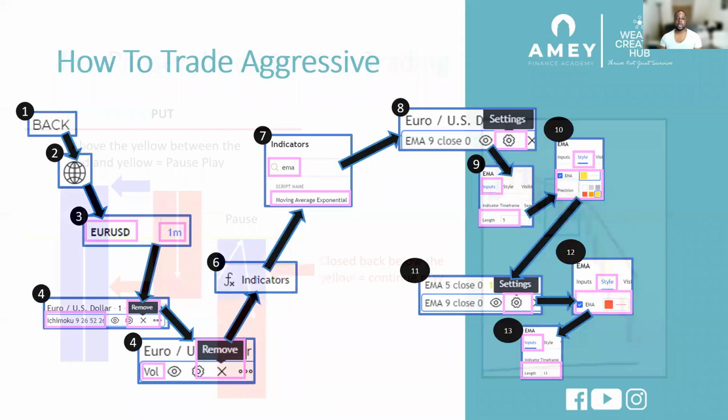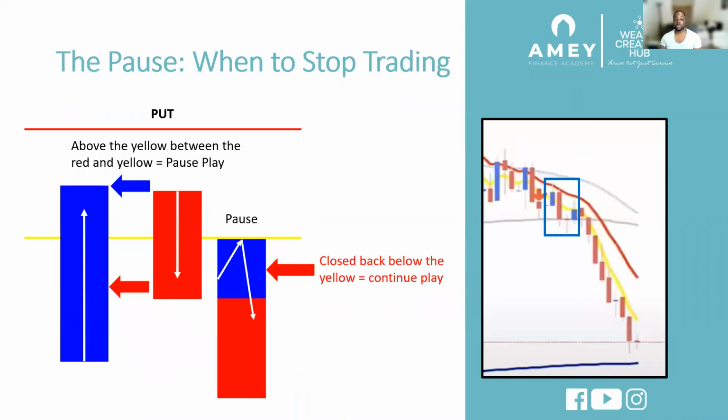Now, when we need to get through to a point, we need to pause. Pausing is very, very important. What you need to know is when you need to stop trading. When the candle closes above the yellow line, if you're going for the put, in between the yellow and the red, you pause. You don't do any more trades.